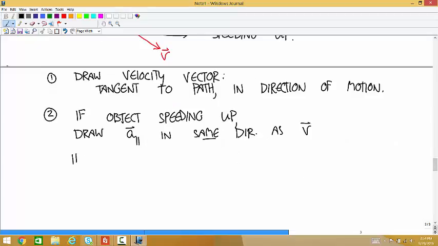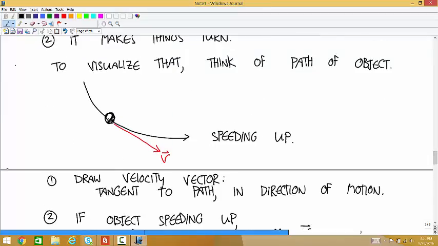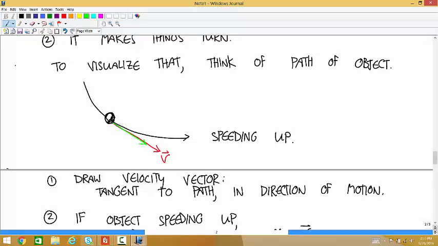And then if the object is slowing down, we'll draw that A parallel in the opposite direction of the velocity vector. Okay, so in this case, is this object speeding up or slowing down? Speeding up, so I'm going to draw A parallel in the same direction as V. Like that.